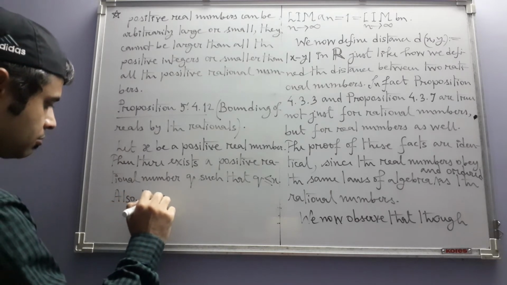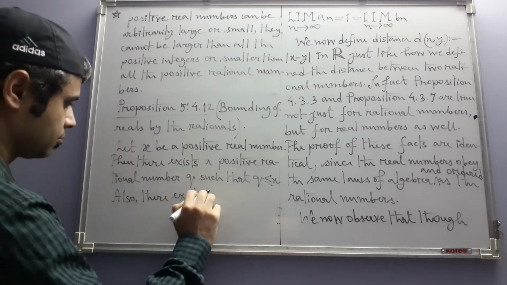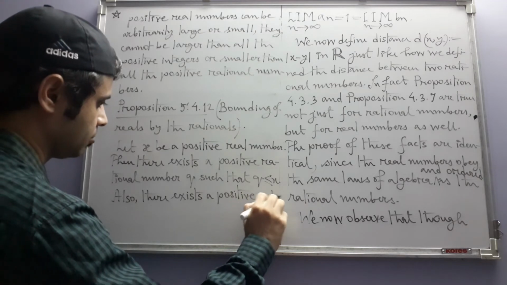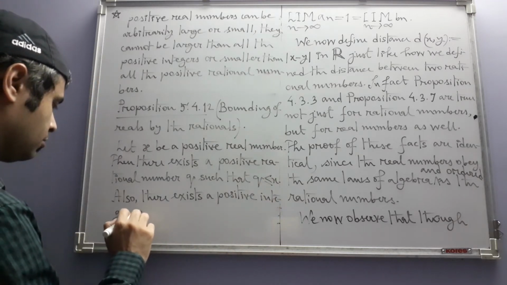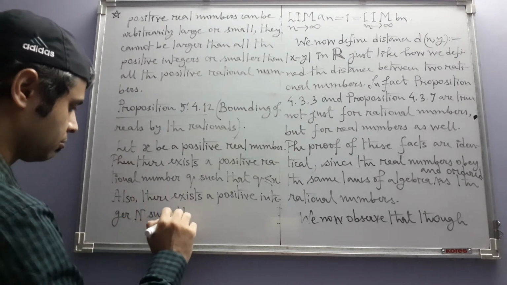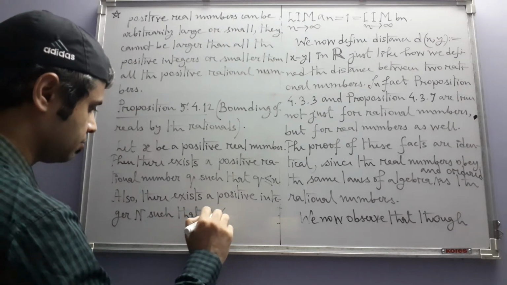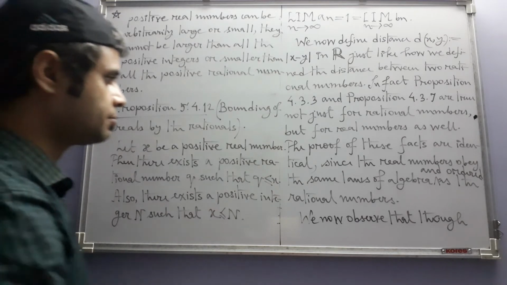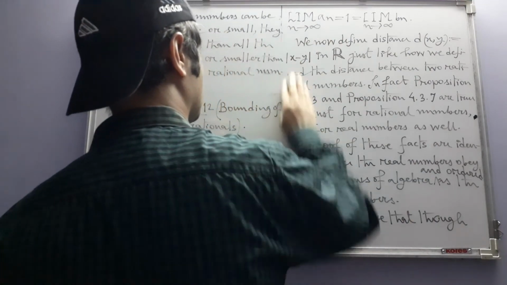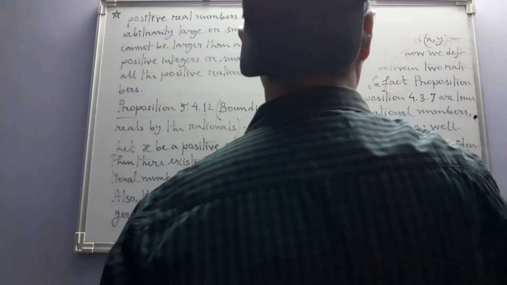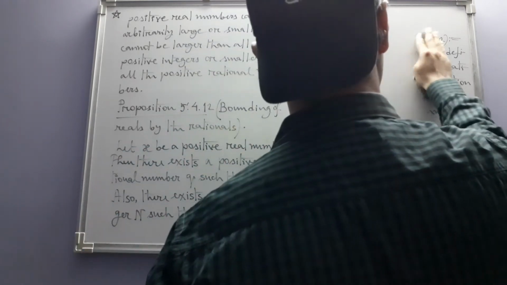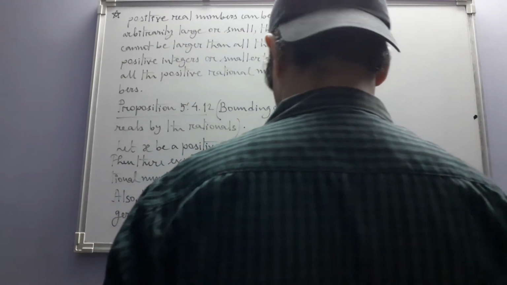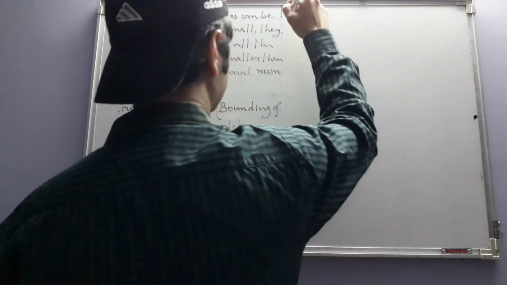Also, there exists a positive integer n such that x will be less than or equal to n. Okay. Proof.